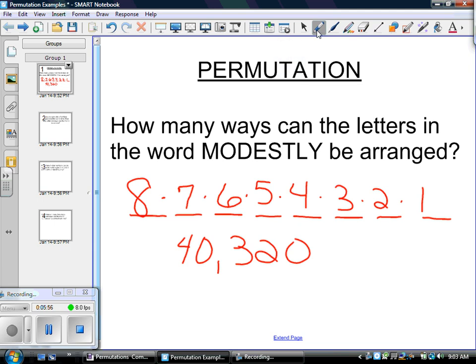So you've placed all of your positions, how many choices you have for each position, and then use the counting principle and multiply. Let's see another example.